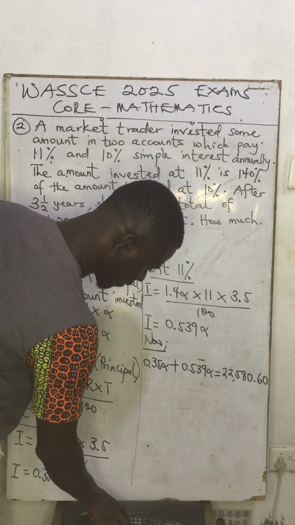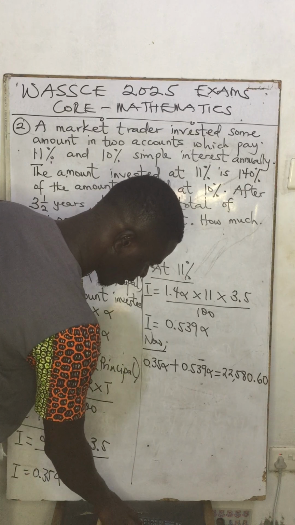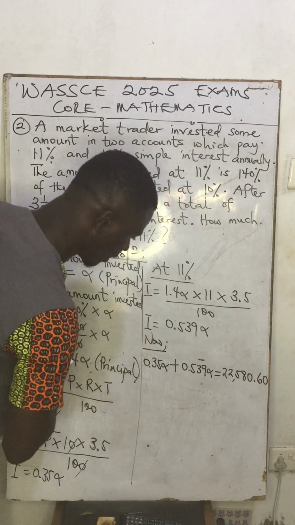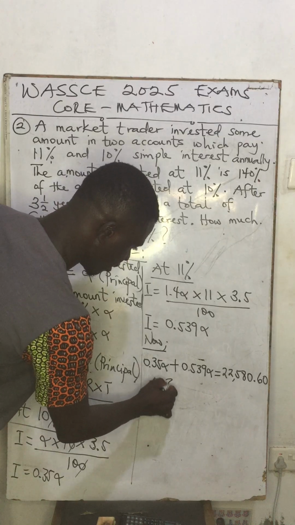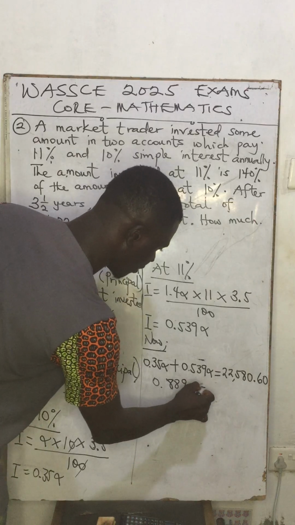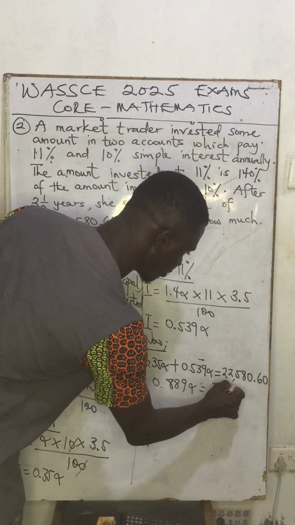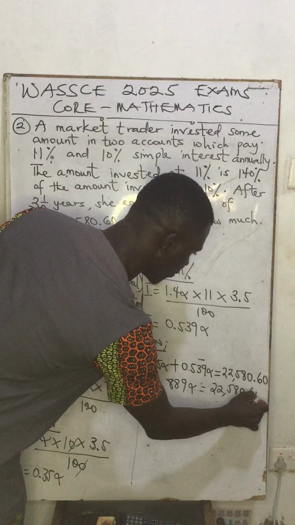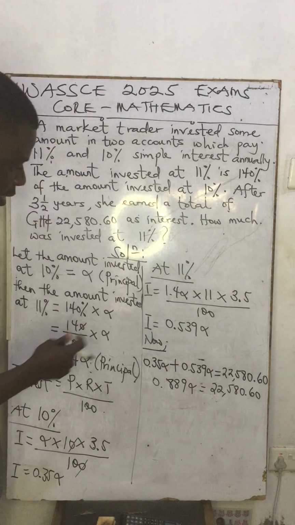So when we add up 0.35 plus 0.539, we get 0.889 alpha, which is equal to 22,580.60.